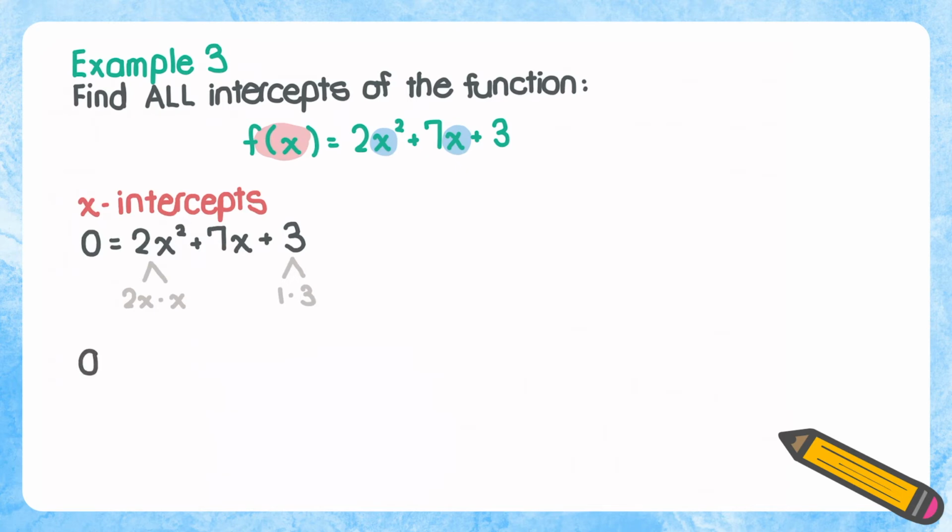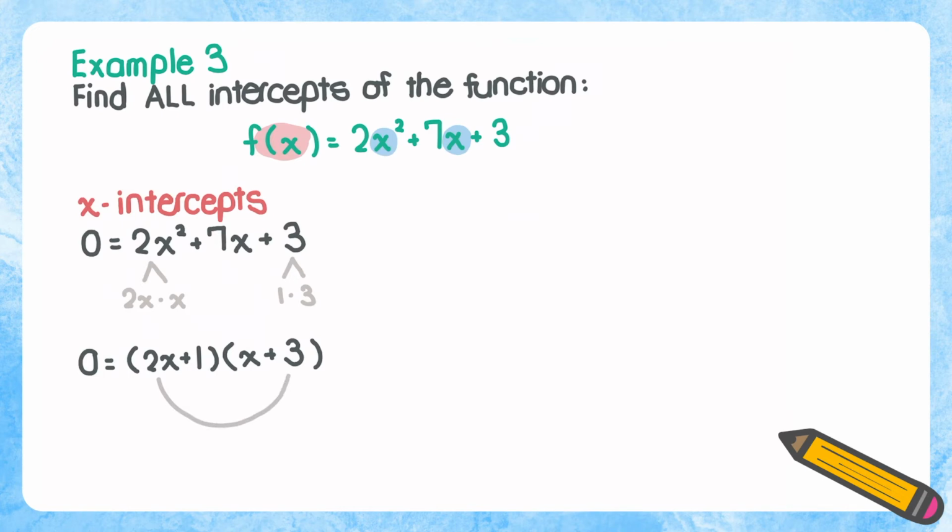I'm going to factor this. So 0 equals, and it's going to look like this, something times something. I'm going to go with 2x plus 1 times x plus 3. It's important to always check to make sure you factor correctly.